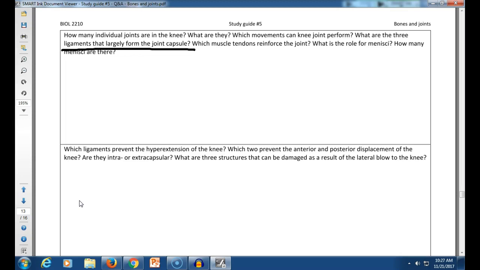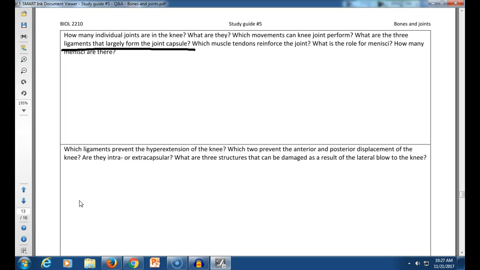Well, there's more than three actually. Collateral tibial, collateral fibular ligament. On the posterior part, there is the arcuate popliteal ligament and oblique popliteal ligament. Muscle tendons reinforce the joint. The quadriceps tendon is the most important reinforcer.